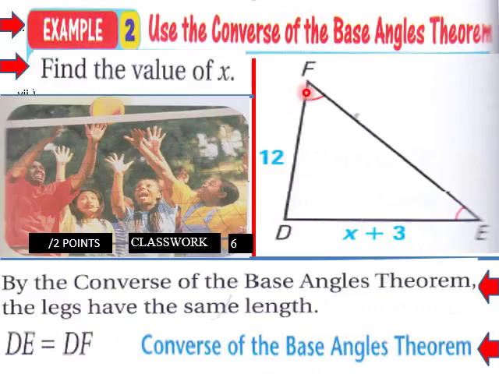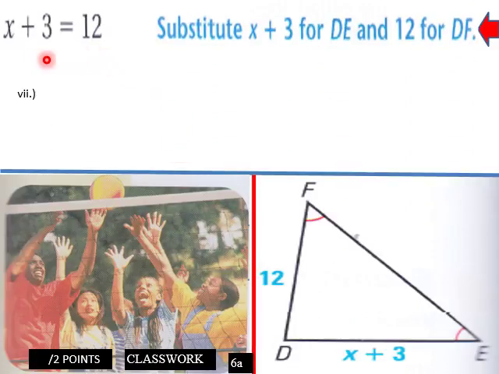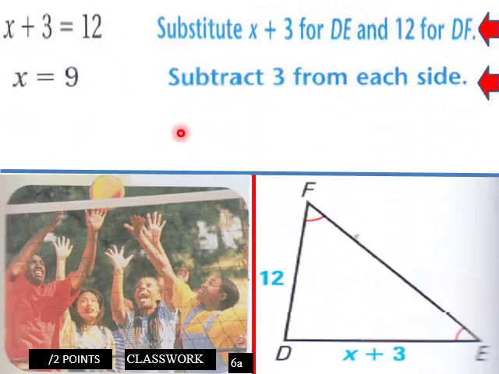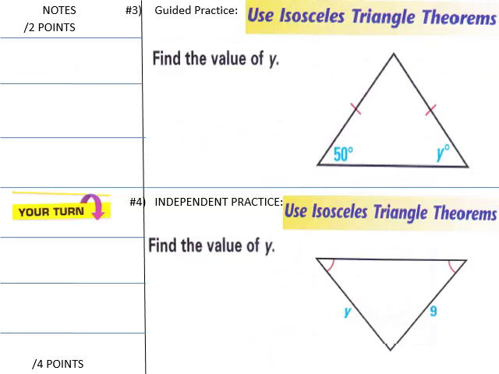DE equals DF, so DE here would equal DF here. So because of that, x plus 3 would equal 12, and then x would equal 9. The answer to the value of x would be 9 here.